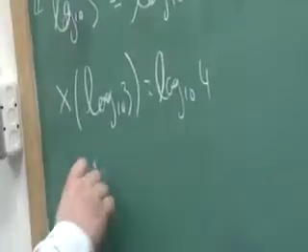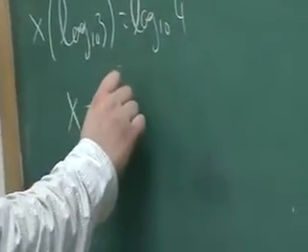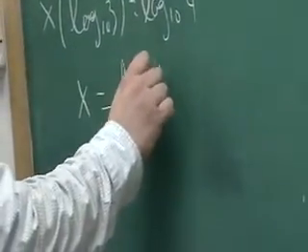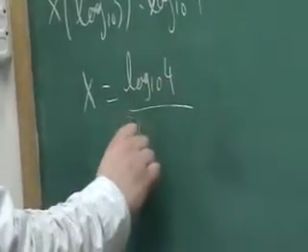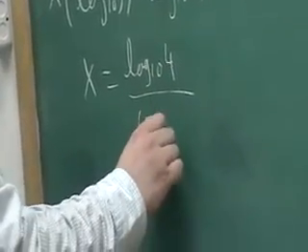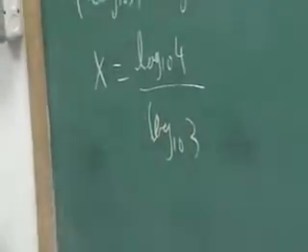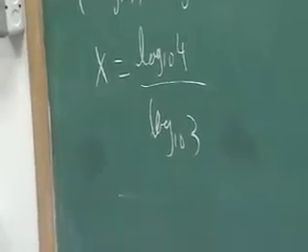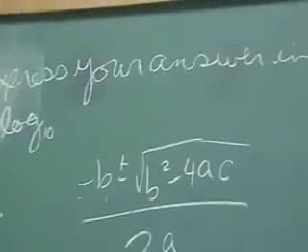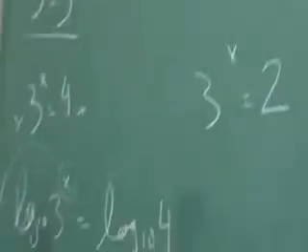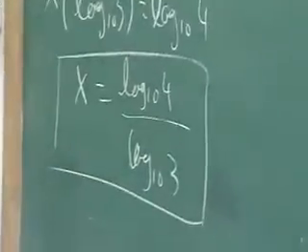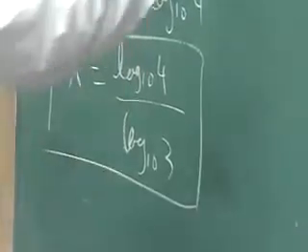So x equals log base 10 of 4 over log base 10 of 3. Since he's just saying express it in terms of log base 10, that's your first answer.